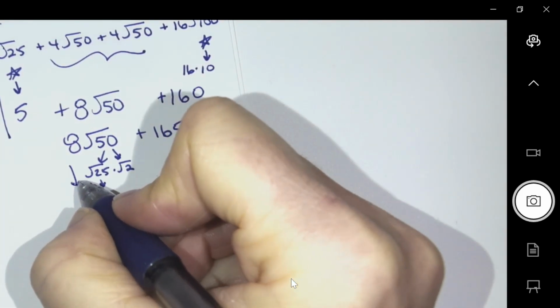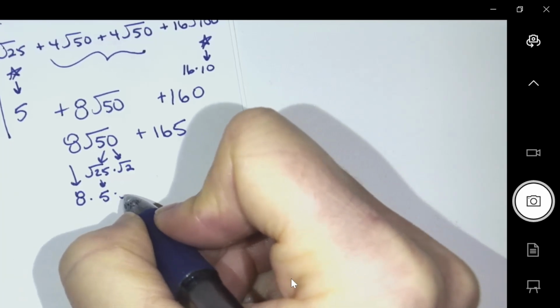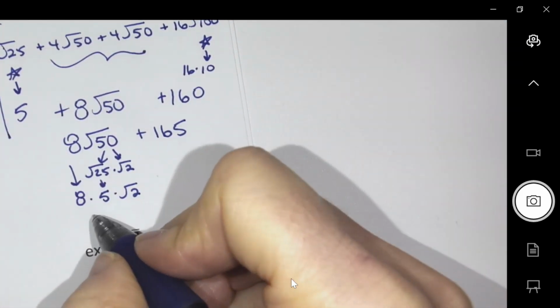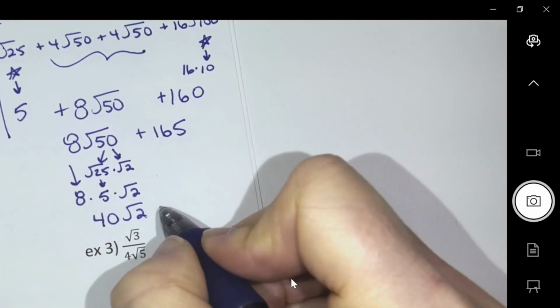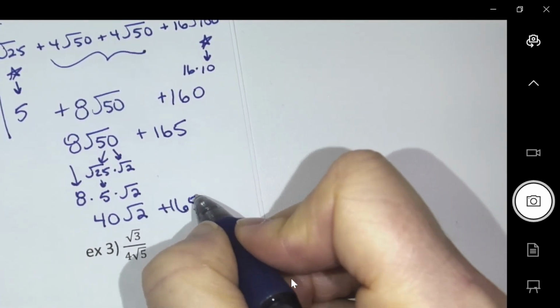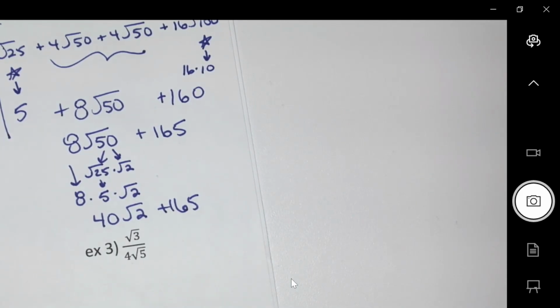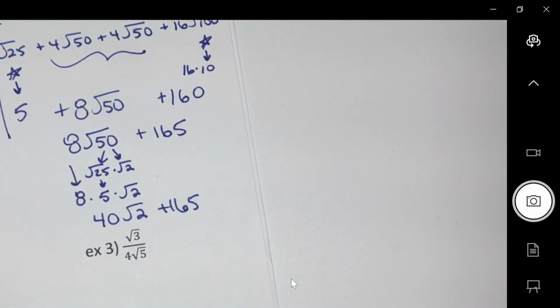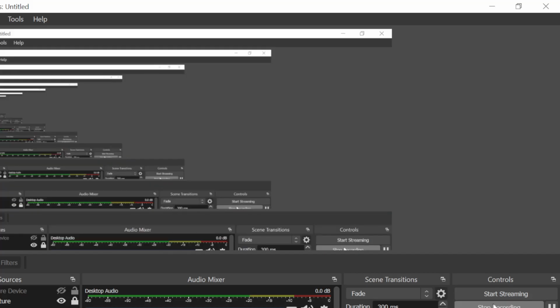Times 8. 40 root 2 plus 165 would be your final answer. But we will get more into that part next week. Do you remember doing that? Yep, and I hated it.